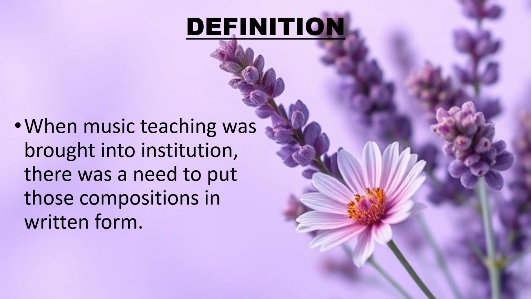Different forms of musical composition exist for vocal music, instrumental music and dance. In traditional teaching, these compositions were taught orally. However, when music teaching was brought into institution, there was a need to put those compositions in written form.